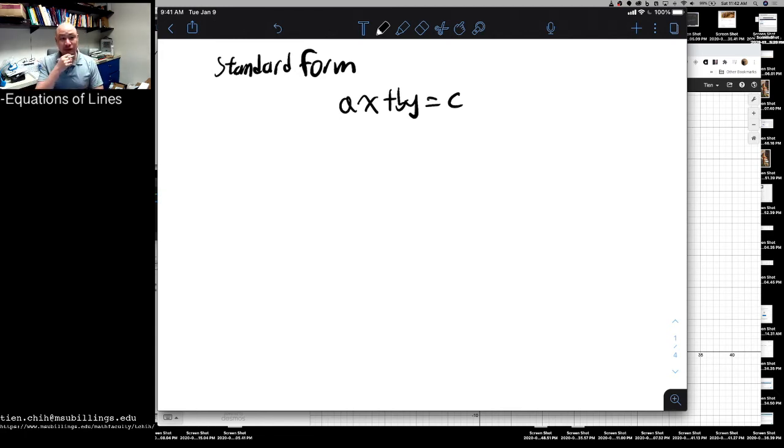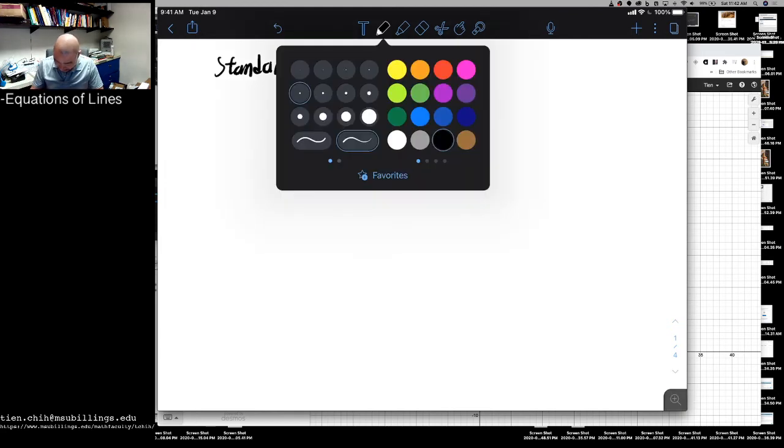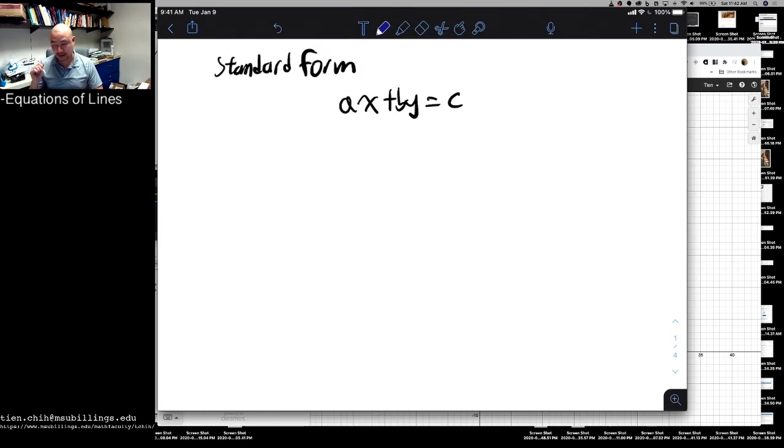So what we want to note is that as long as b is not 0, this is really not that different from the vertex, the points, the slope-intercept form.